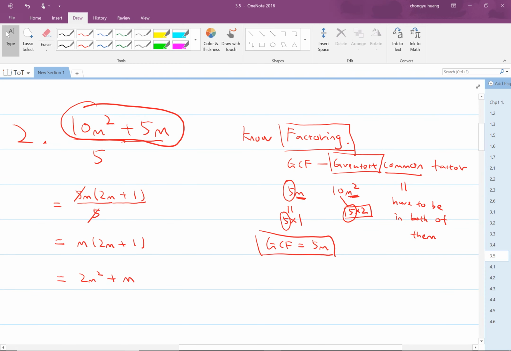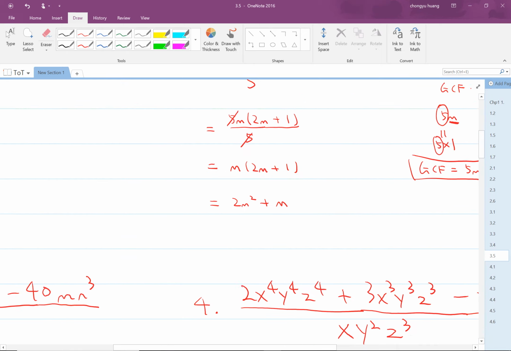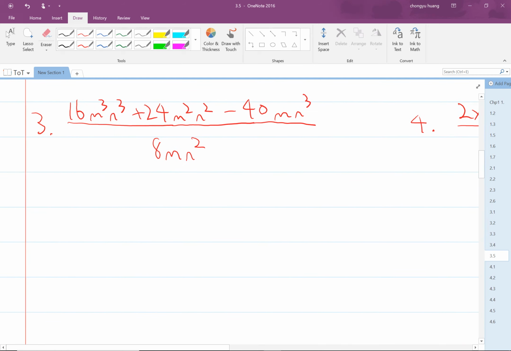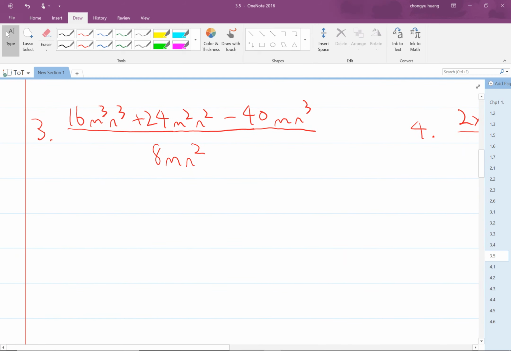So now we have solved question 2. Let's move on to question 3. Question 3 is the same thing. You look at it, and you have to find the GCF, right?